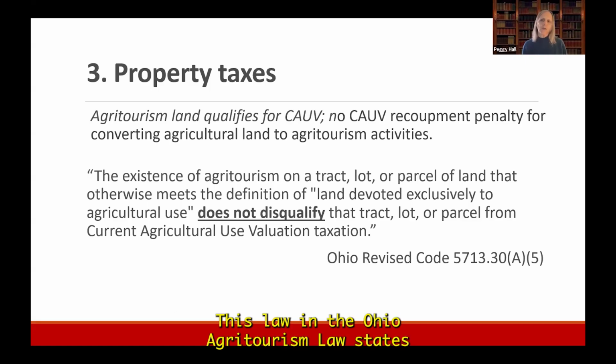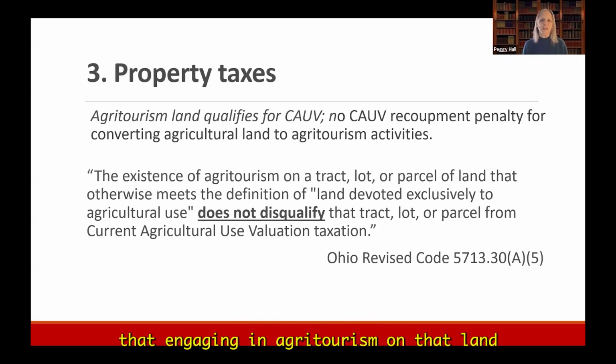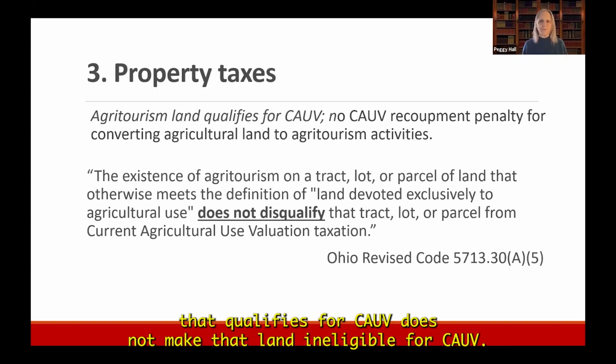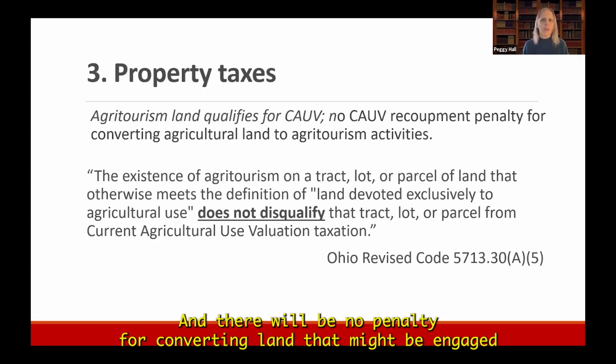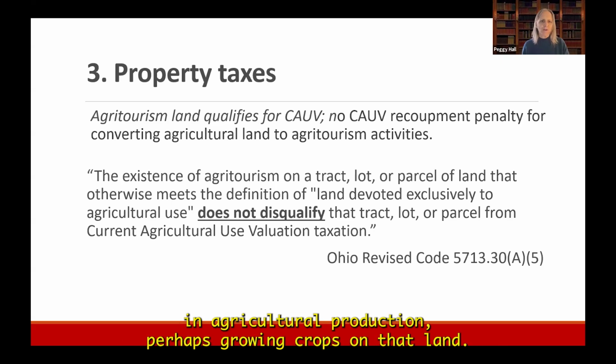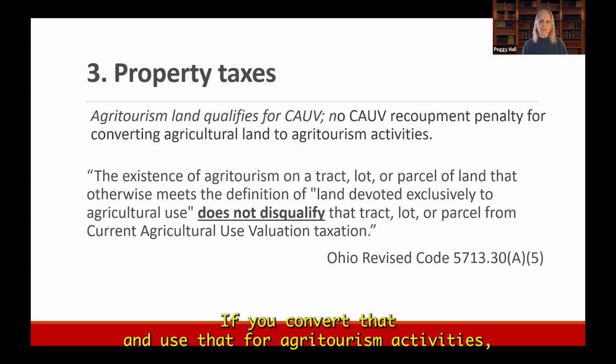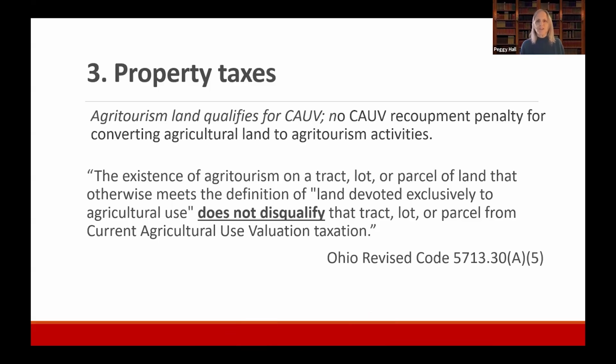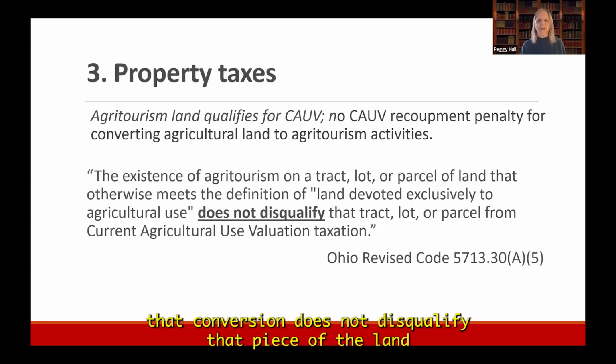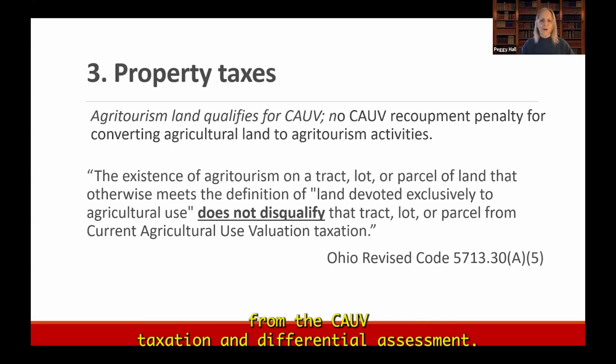This law states that engaging in agritourism on land that qualifies for CAUV does not make that land ineligible, and there will be no penalty for converting land that might be engaged in agricultural production, perhaps growing crops. If you convert that and use it for agritourism activities, this law says that that conversion does not disqualify that piece of the land from the CAUV taxation and differential assessment.